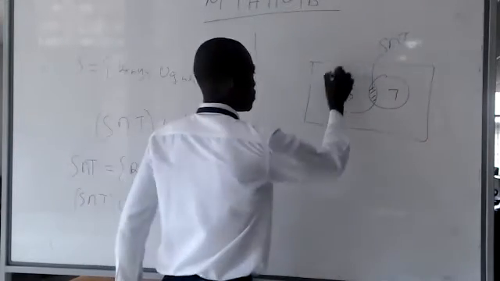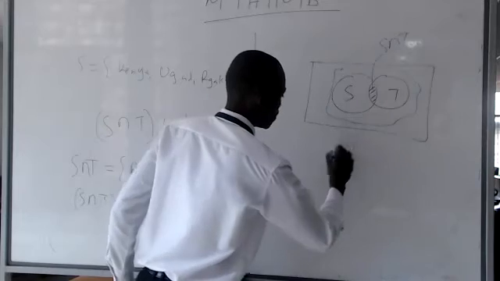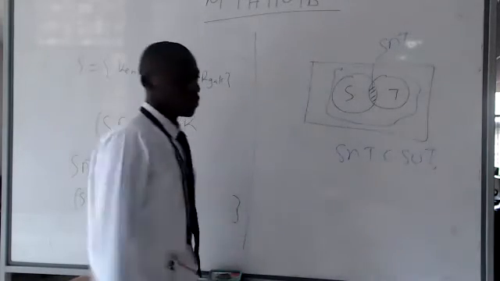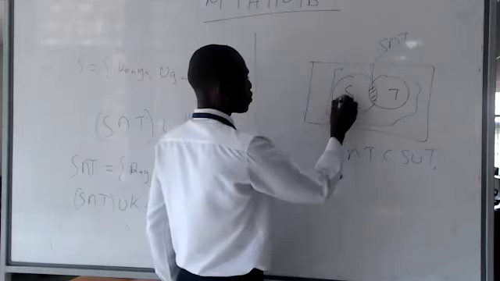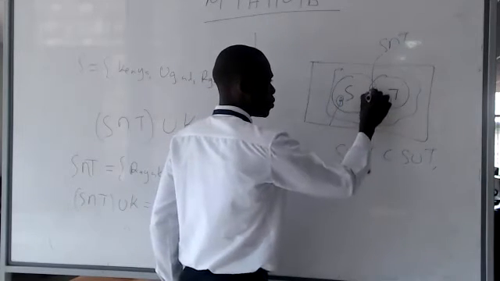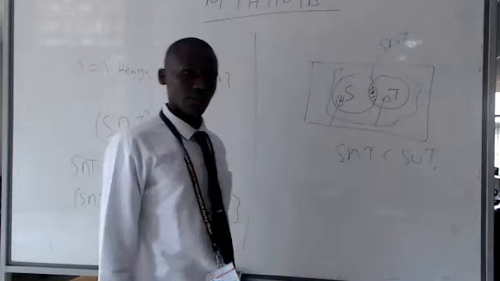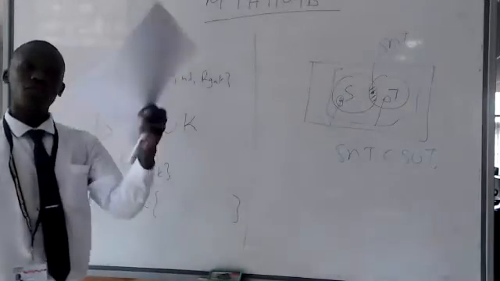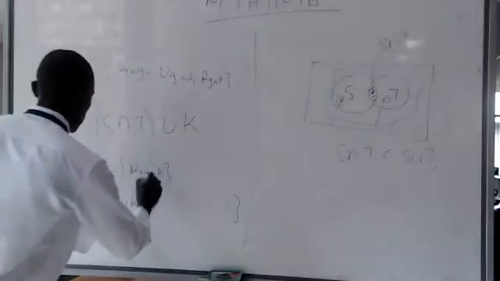But the union is everything. So you can see S intersection T is contained in S union T. So to be in the union, I can belong to S, or I can belong to T, or I can belong to both of them, which means I'm in the intersection. So now the union, just put everyone together. So here we already have Ragak.